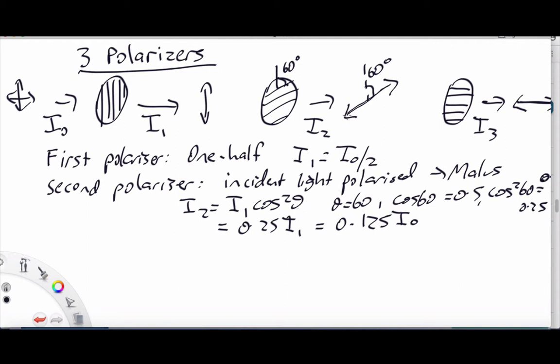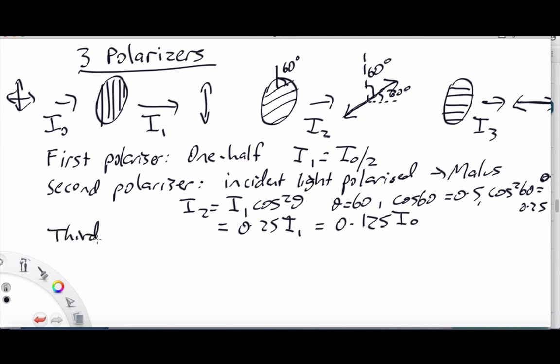Now the light at this point is polarized parallel to the polarizer. That is something that is always true. So if it's polarized at 60 degrees to the vertical, that means it must be polarized at 30 degrees to the horizontal, which we now need to know because the final polarizer is horizontal.